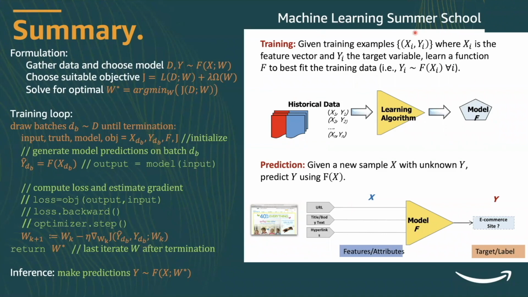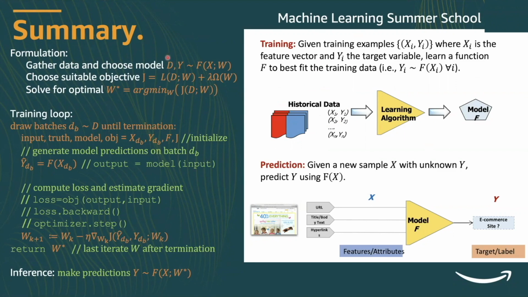The training procedure requires collecting appropriate observations from which the learning algorithm is going to learn the mapping from inputs to outputs F, which is what we will use at inference time.